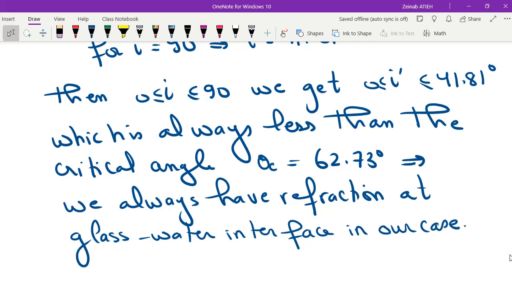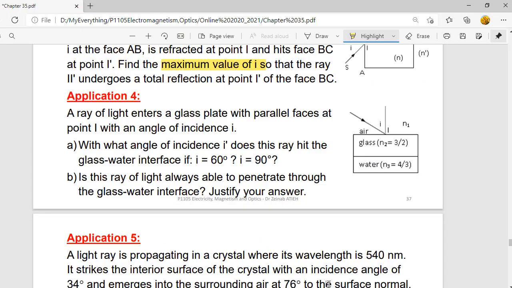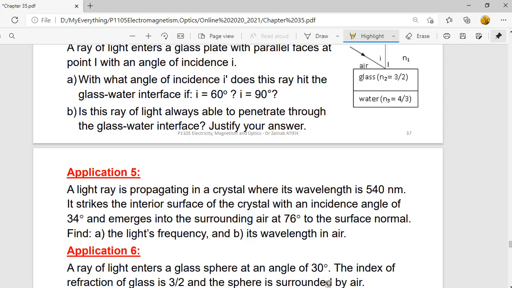Now let's move to the second application, which is application 5. Application 5 says: a light ray is propagating in a crystal where its wavelength is 540 nanometers.